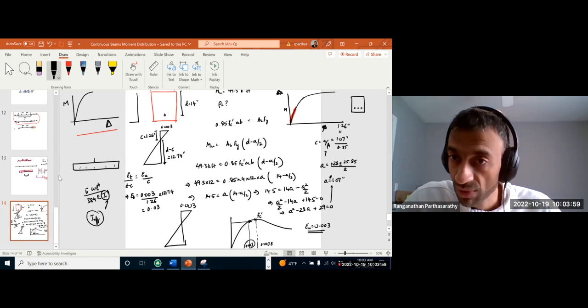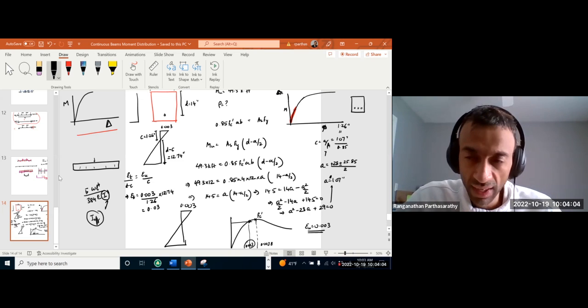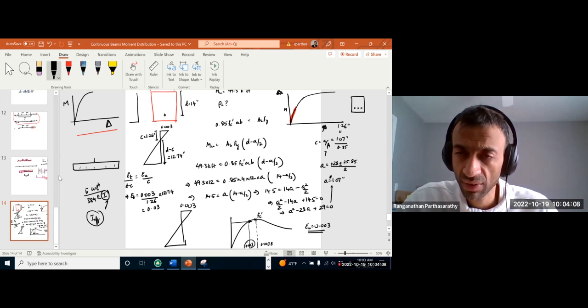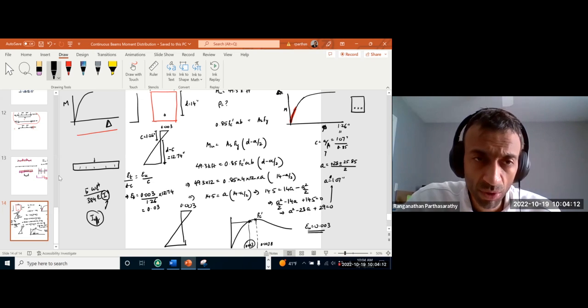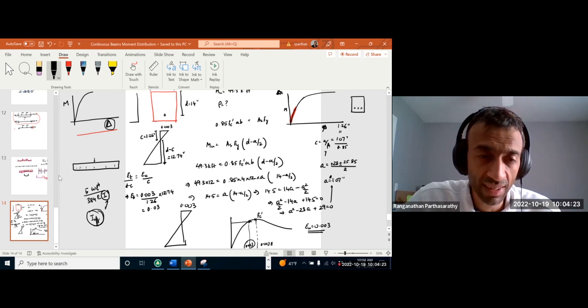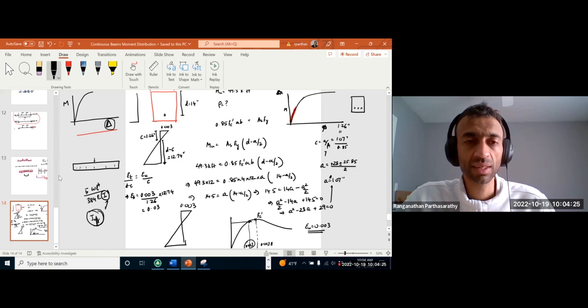For the moment curvature diagram, we are only dealing with the section level, so we don't assume anything about cracked or uncracked. We calculate exactly according to this section. But for calculating deflections, our effective moment of inertia assumes some average between uncracked and cracked sections.